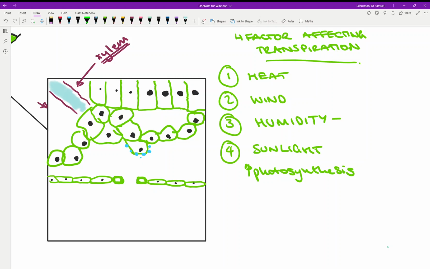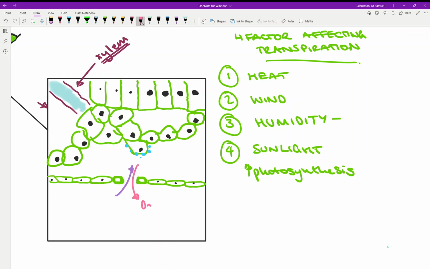So when it's dark at night, your stomata tend to shut. Your guard cells, which are the cells, this is a guard cell, tend to shut. But we're talking about sunlight. So in this example, there's loads of photosynthesis going on. You need your stomata open to let in that carbon dioxide and let out that oxygen that you're producing.